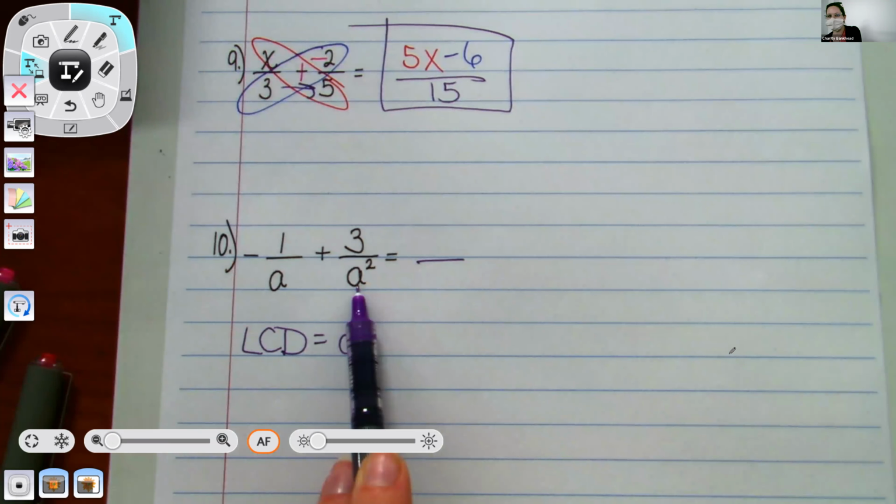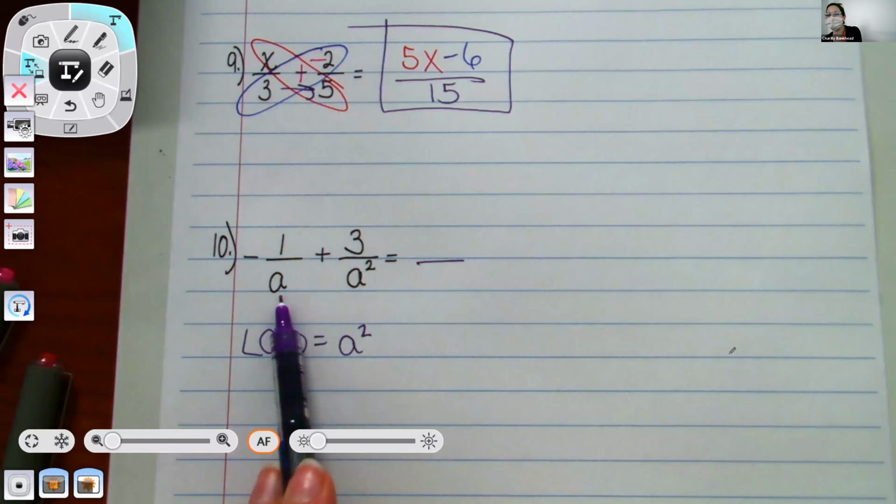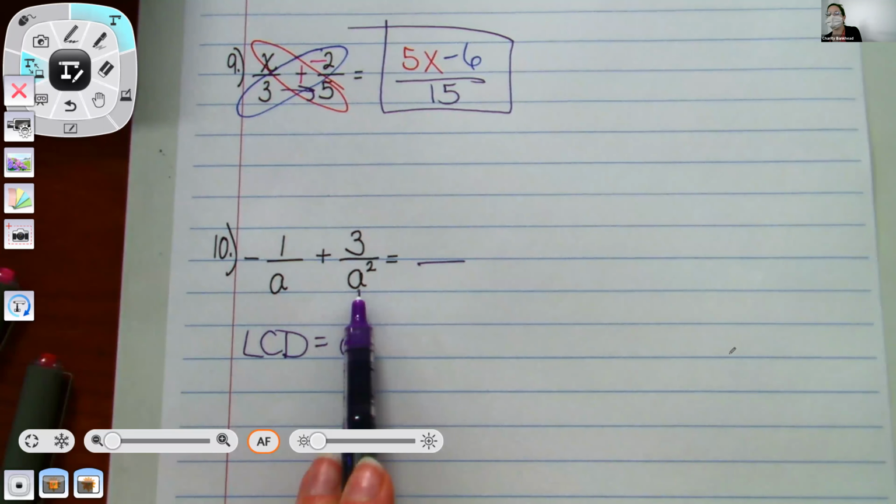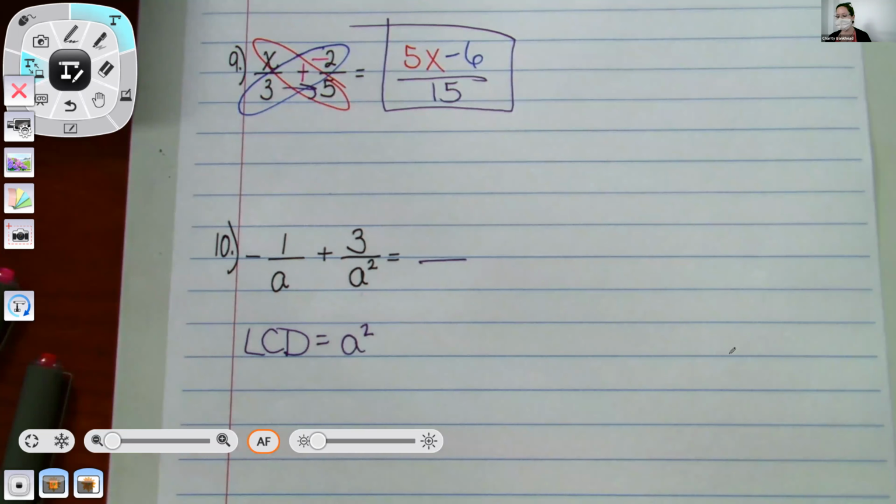That's an easy way that works with a lot of problems. Now, if you multiplied a times a squared, that would get you a cubed, and that is a common denominator, so that would work, but then you would end up having to reduce more at the end, so it's not your least common denominator.